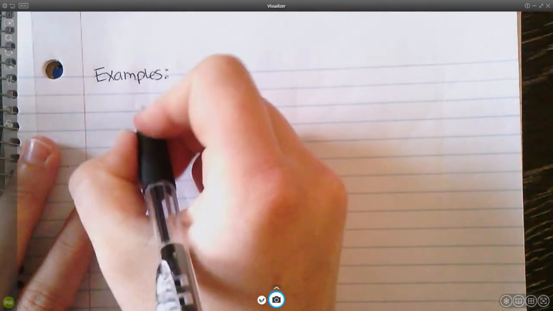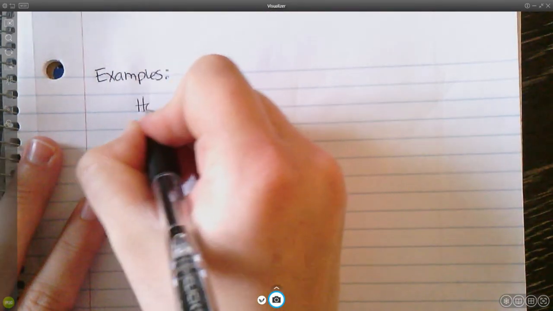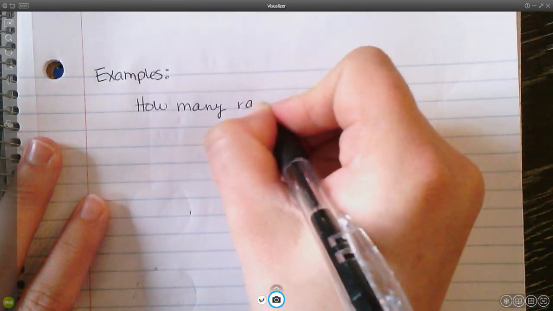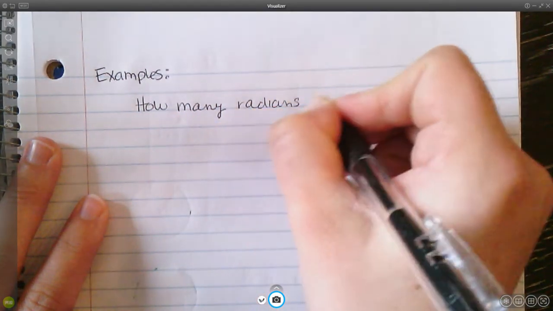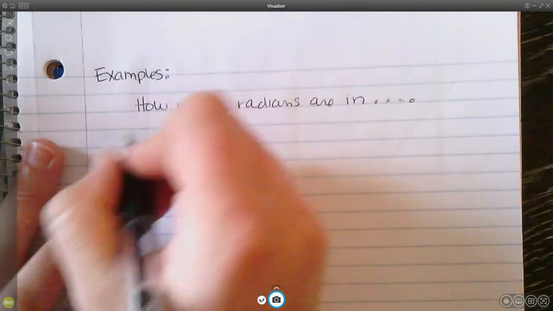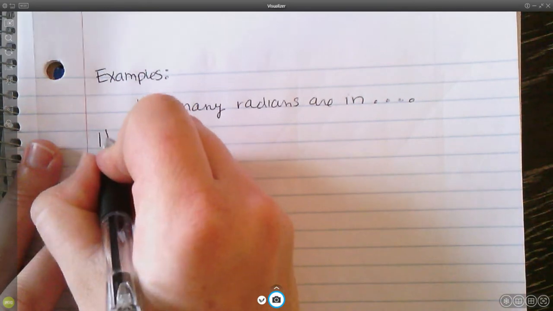Okay, so examples. We'll do a couple and that'll be it. So let's say how many radians are in, we'll do dot, dot, dot. Here's number 1.